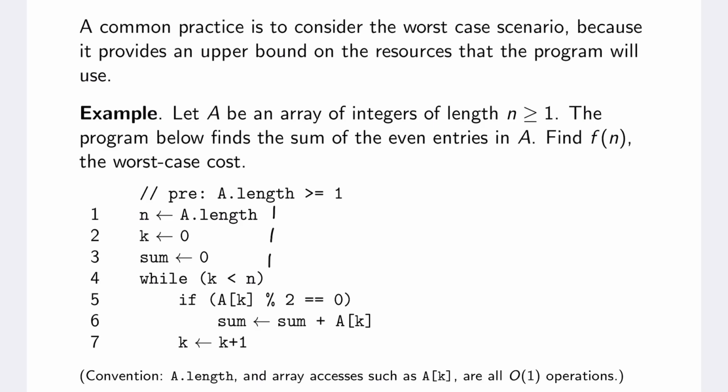And then on line 5, well, that's one step to check the if statement. We're going to assume that the if statement always evaluates to true. So that line 6 takes one step, and line 7 takes one step.